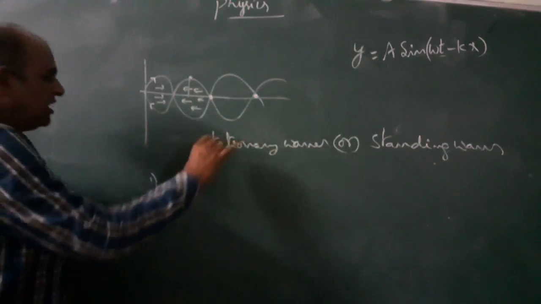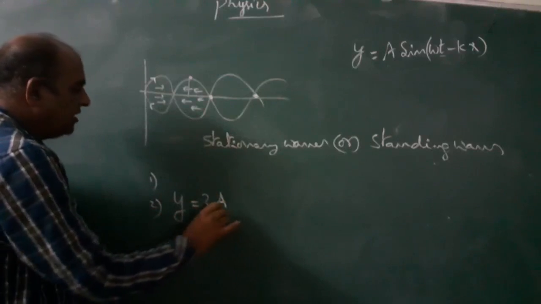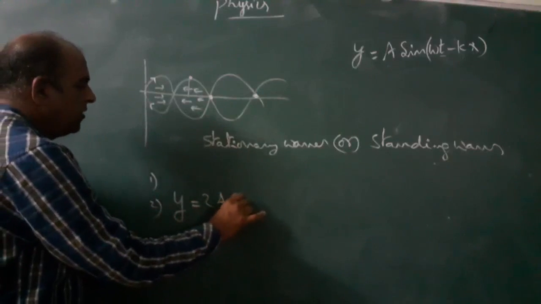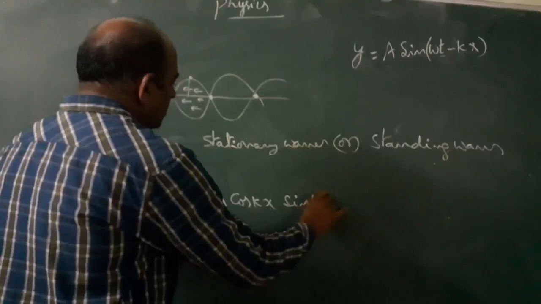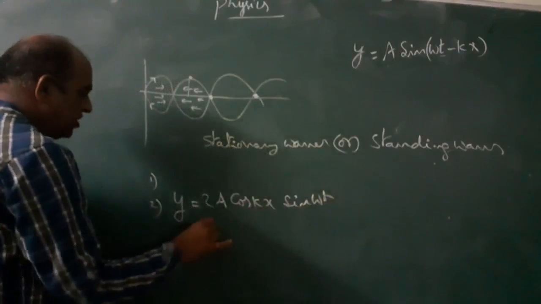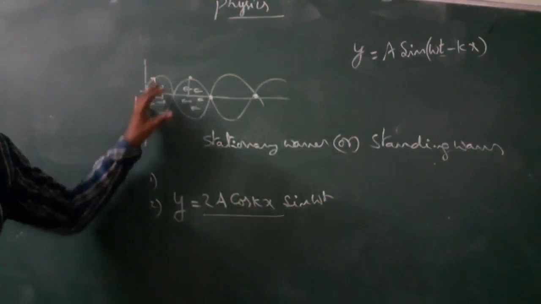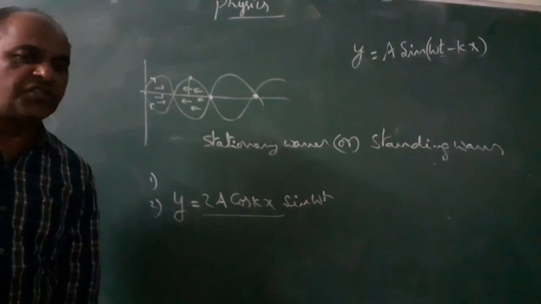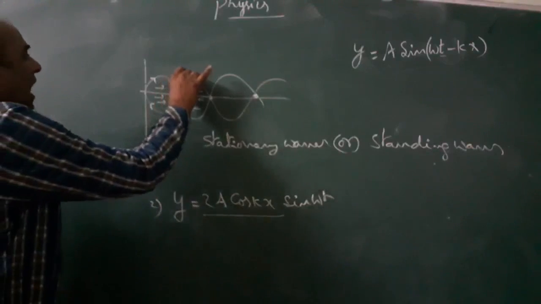How to represent a stationary wave? The stationary wave is represented by y is equal to 2a cos kx sin omega t. This is the representation of the stationary wave. 2a cos kx is known as the amplitude of the stationary wave. Amplitude is maximum at antinodes.